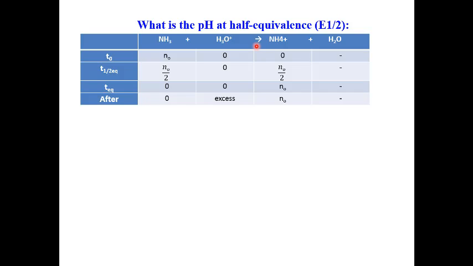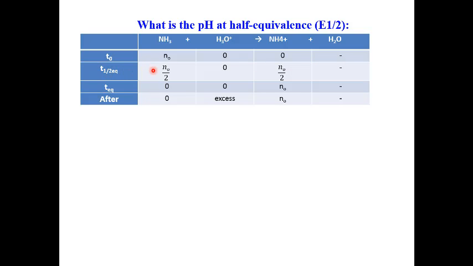So we have to forget anything about equilibrium. Here it is a complete reaction. So at T0, we have n0, the number of moles of NH3 present in the beaker, and no H3O+ was added from the burette. So the product would have 0 amount, and water, as you noticed, is the solvent, so it is always in excess.